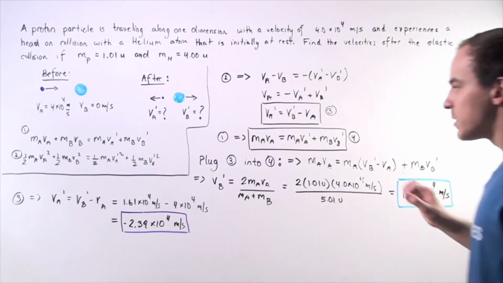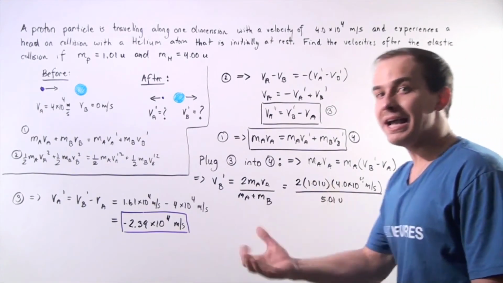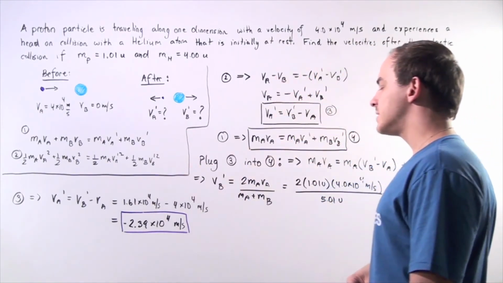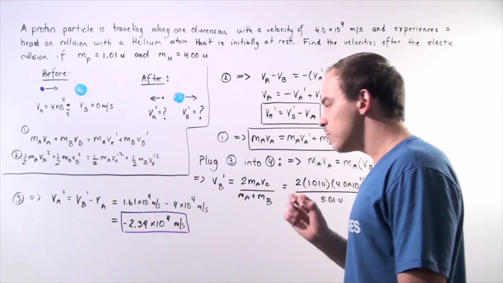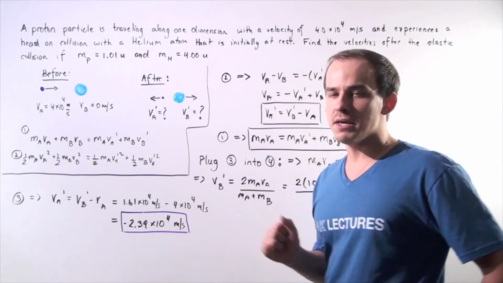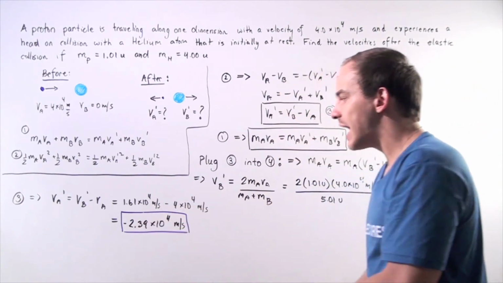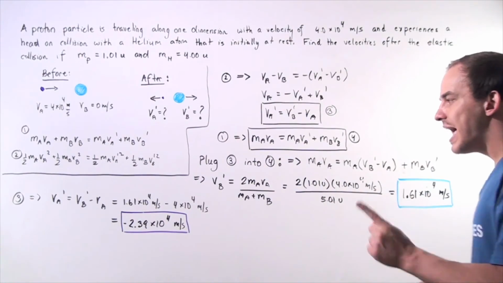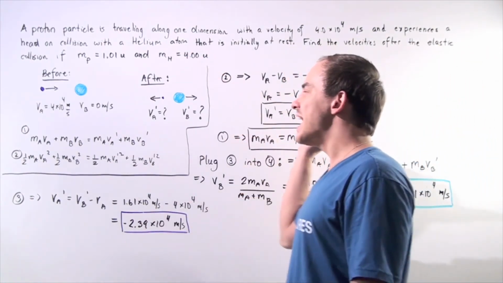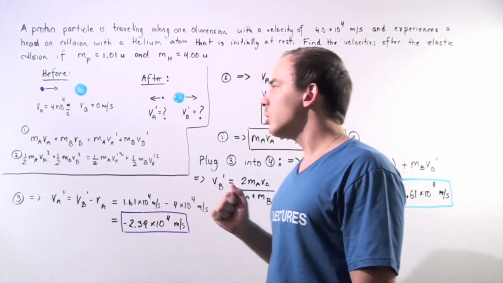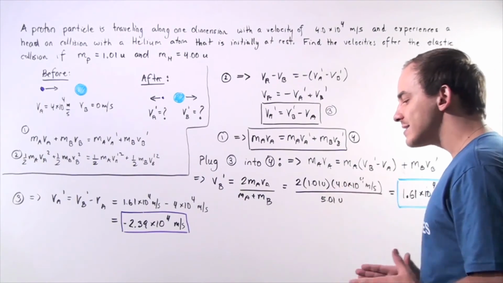It's this value: 1.61 times 10 to the 4 meters per second minus 4.0 times 10 to the 4 meters per second, and we get negative 2.39 times 10 to the 4 meters per second. Now notice the magnitude is 2.39 times 10 to the 4 meters per second, and the direction is negative, which means the proton moves in the negative direction along the x-axis after our two objects collide elastically.